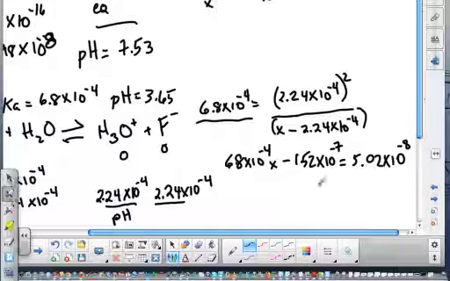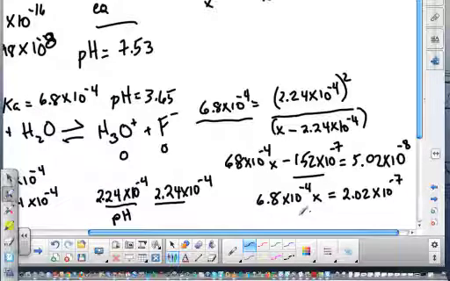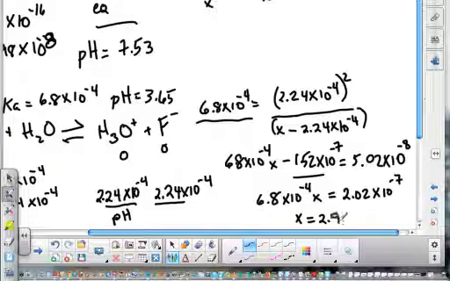Okay, now add this to both sides, so take that to the other side. And I end up with 6.8 times 10 to the minus 4 x equals 2.02 times 10 to the minus 7. And then divide both sides by 6.8 times 10 to the minus 4. And you end up with 2.97 times 10 to the minus 4. And that is the initial concentration of your acid.